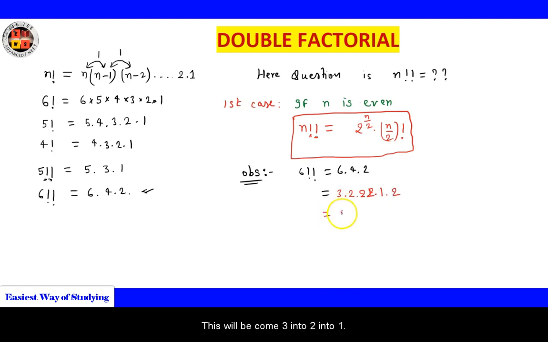So this becomes 3 into 2 into 1 into 2 to the power 3, which is equal to 2 to the power 3 into 3 factorial.